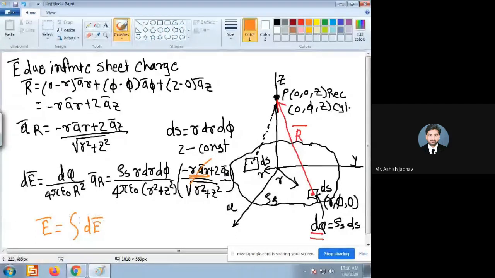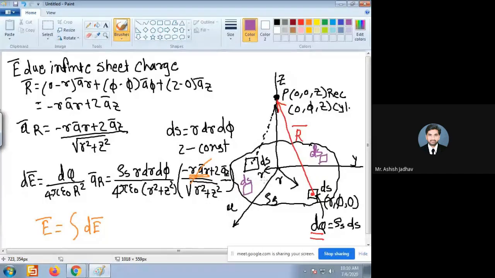While integrating this, we have to cancel it, because for every point, let us assume I have a point somewhere here. If I select ds here, exactly opposite ds will be present there. So the radial component of this ds will be cancelled by the radial component of that ds, right?